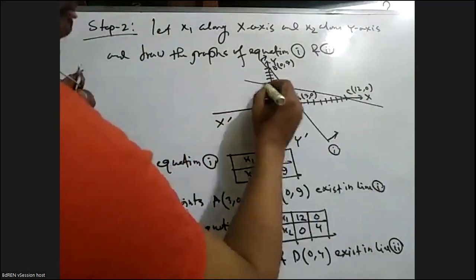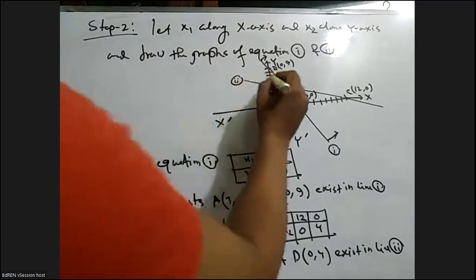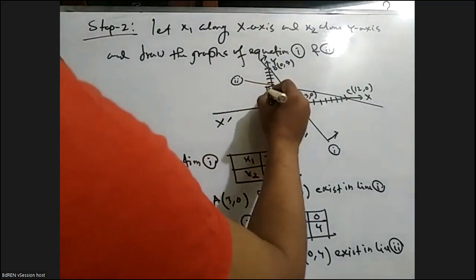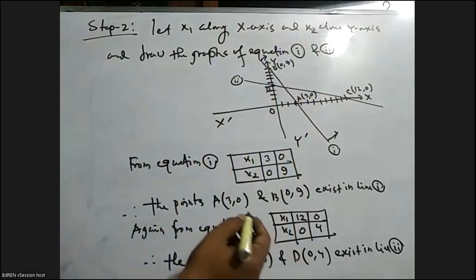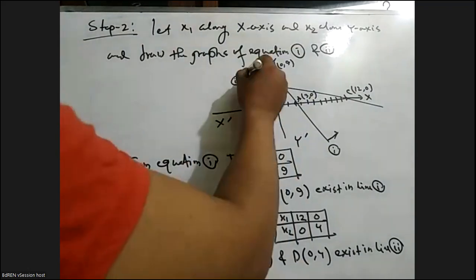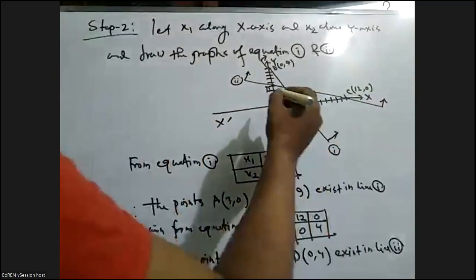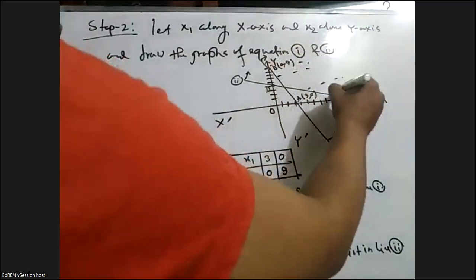This is the line of equation number 2. This direction will also be on the opposite side of the origin. Okay. So this is the common region we get.